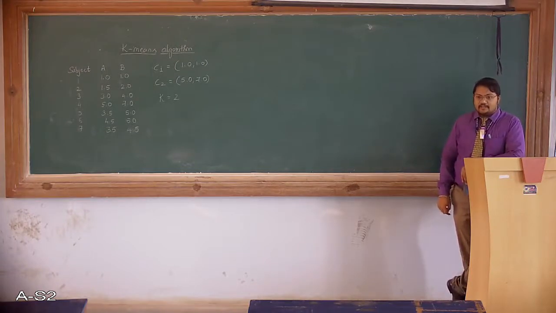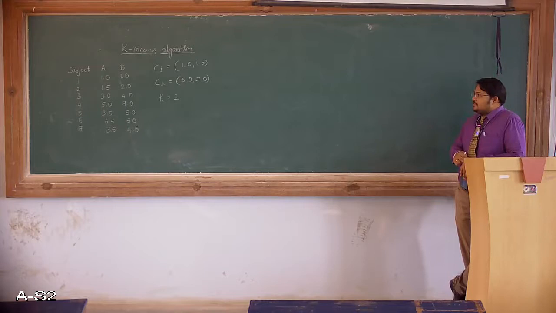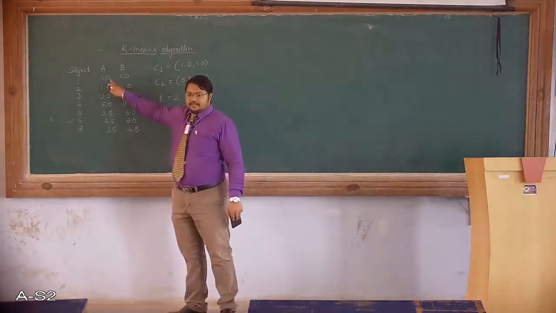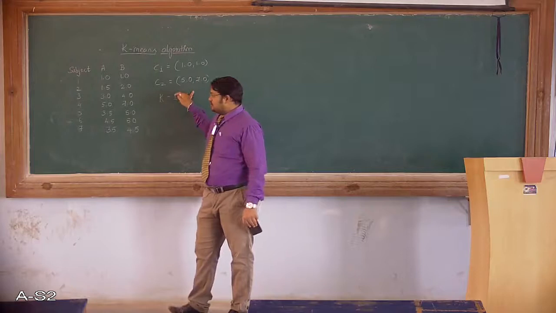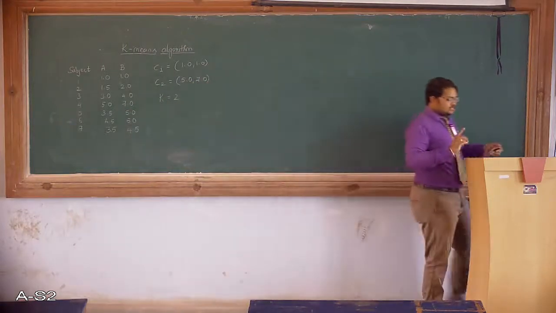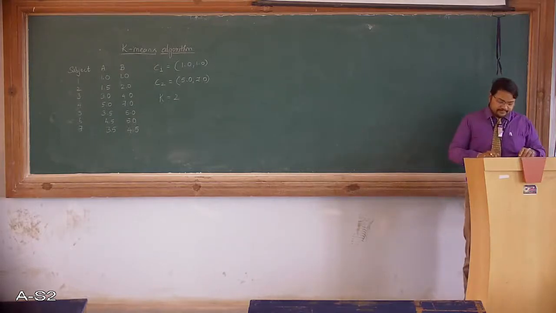Here I have taken 2 seeds, C1 and C2. C1 is 1.0 comma 1.0 and C2 is 5.0 comma 7.0. 1.0 and 1.0 is the first entry, and 5.0 comma 7.0 is the fourth entry. These are the initial clusters I am selecting.